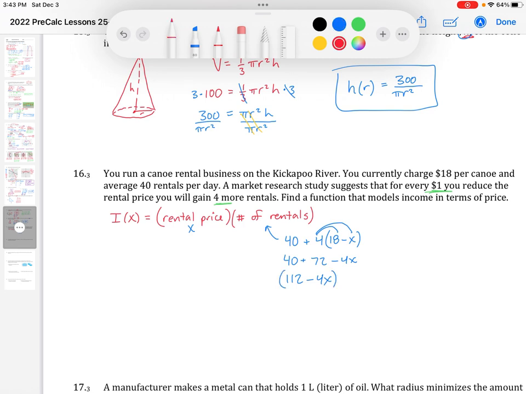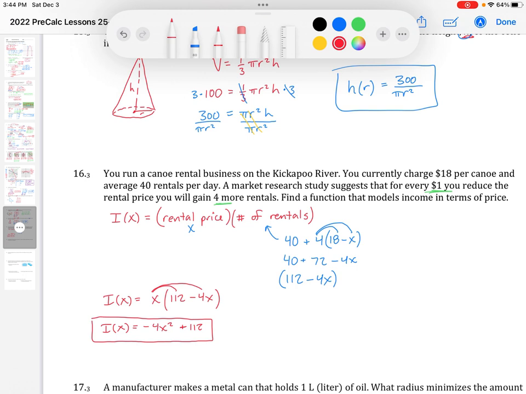So now we're going to go back to this income function. We have x, which is the rental price, times 112 minus 4x. And if we distribute that x and then rearrange this, we get our function negative 4x squared plus 112x.